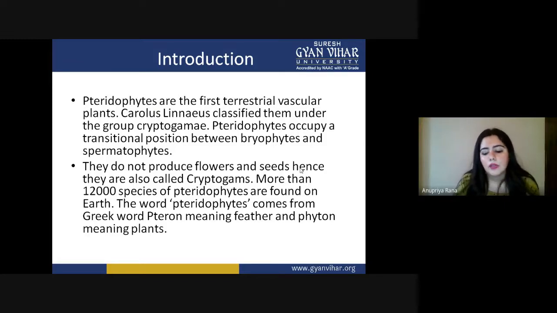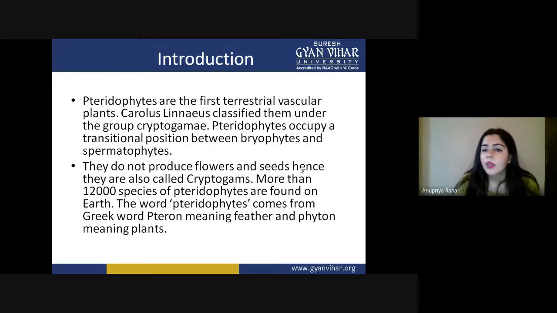When a plant gets a flower, we can easily identify that it has come into its reproductive phase. But in pteridophytes or bryophytes, we cannot tell by just looking at the plant whether it is in its vegetative phase or its reproductive phase.